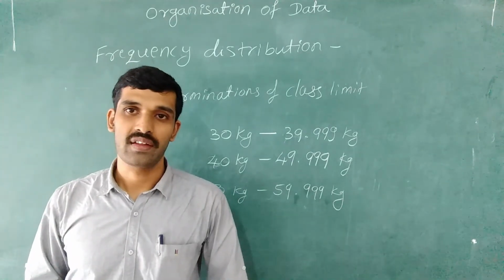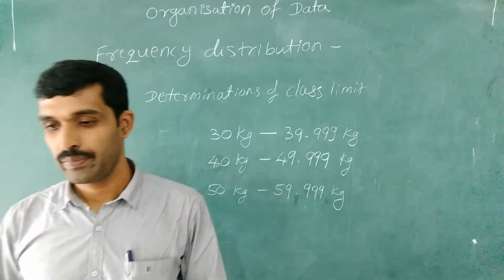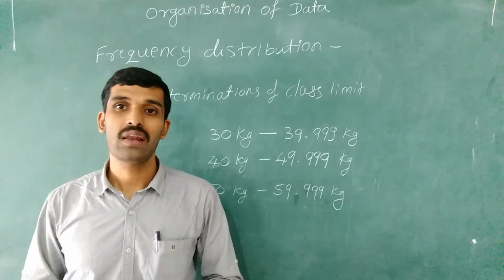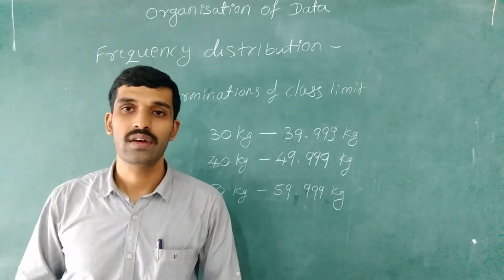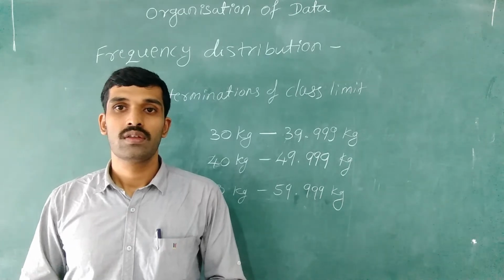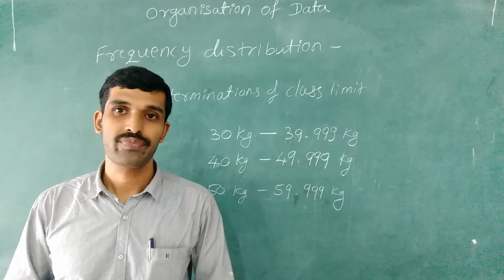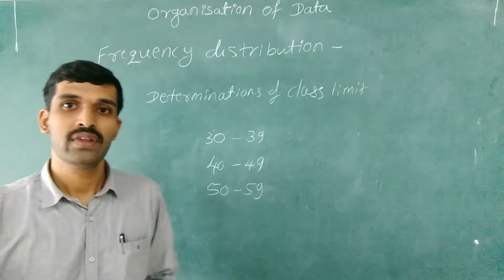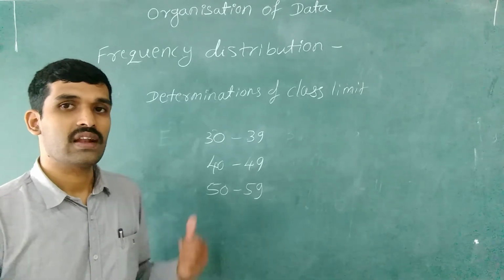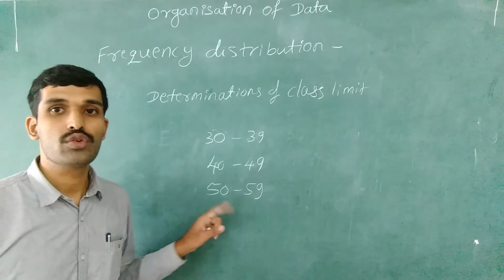It means the difference between the second lower limit and first upper limit of the class. For example, here are the classes 30 to 39, 40 to 49, 50 to 59.